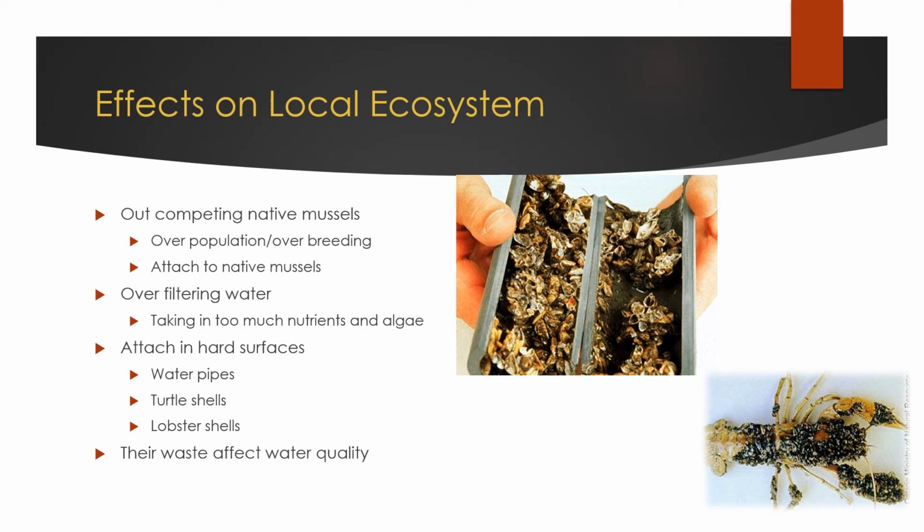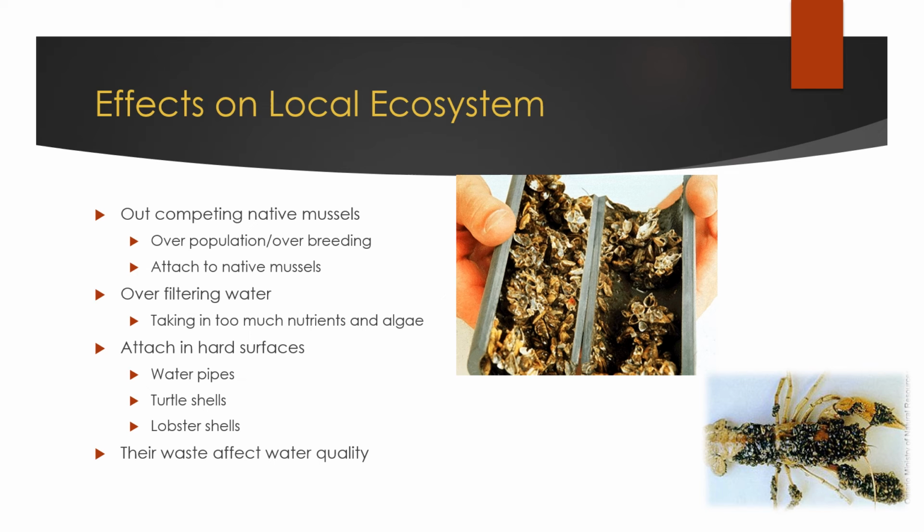Every time it's time for them to reproduce, they lay about 1 million eggs, if I remember correctly. And being so small, they attach to the native mussels, which are bigger, essentially having first dibs at any of the nutrients that should have gone to the native mussels instead.